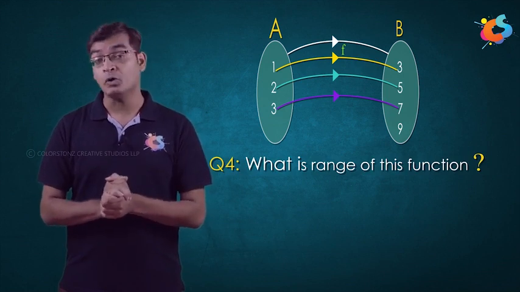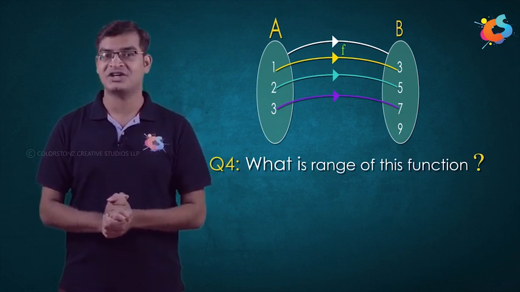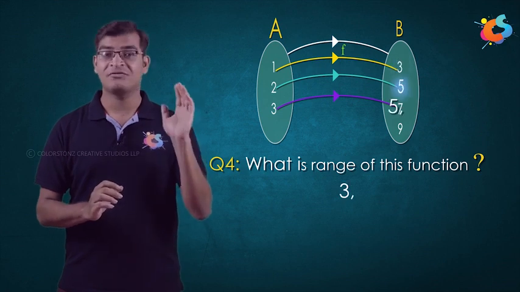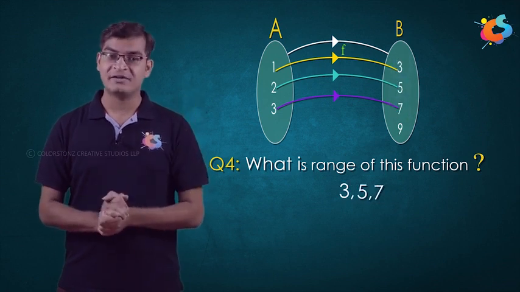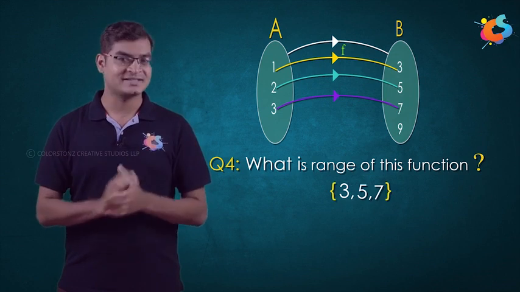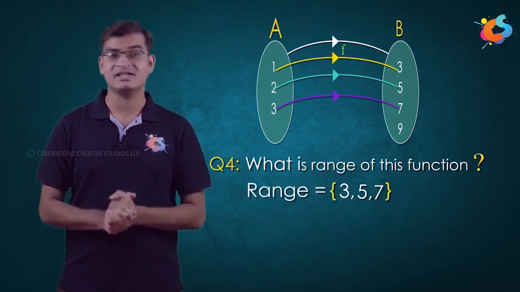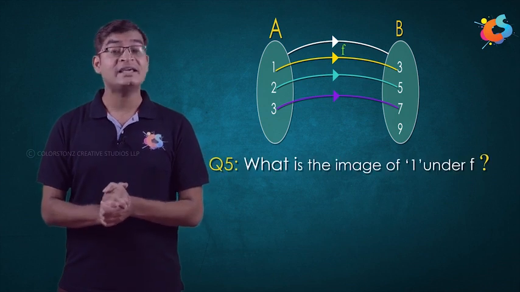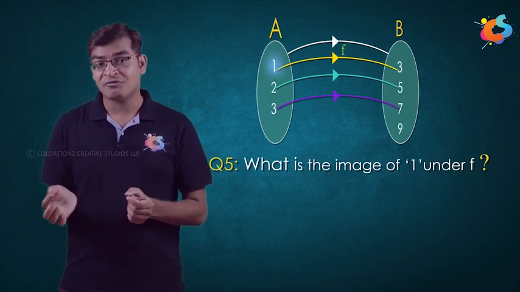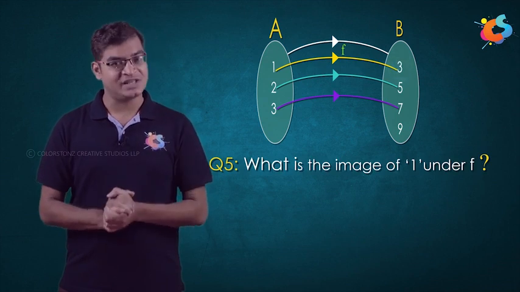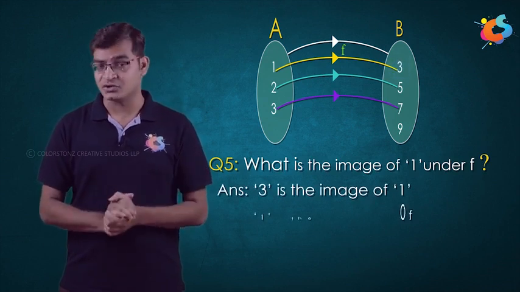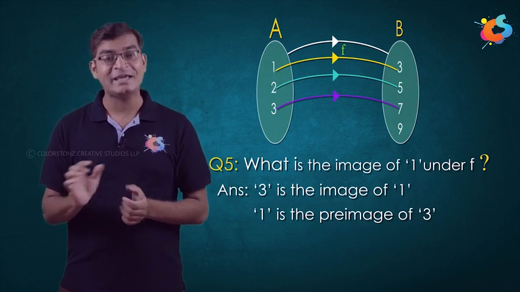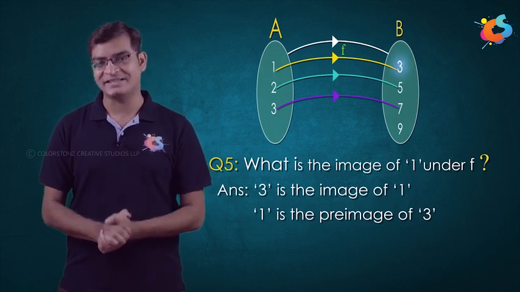So here the output values of this function are 3, 5 and 7. So let us write them in one set. So this is the range of this function. Next, for 1, what is the image? Image of 1 is 3. So therefore, 3 is the image of 1 and 1 is the pre-image of 3.